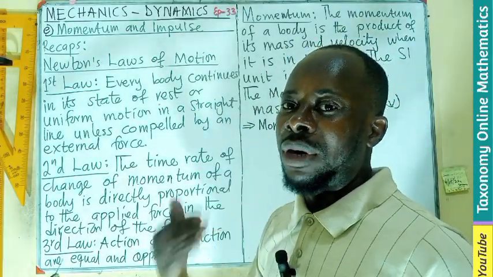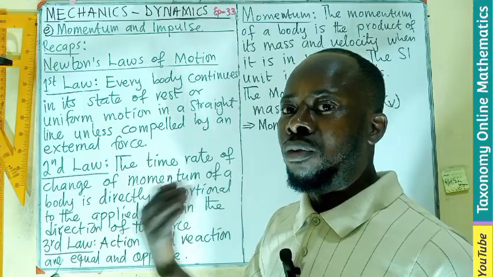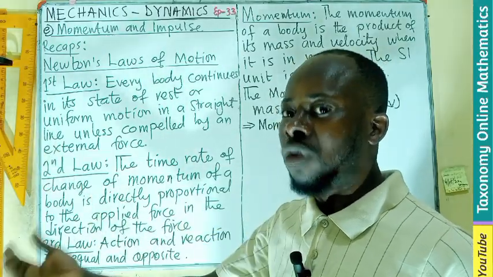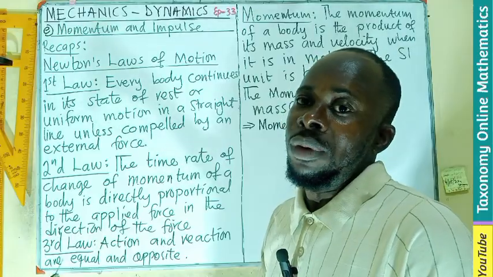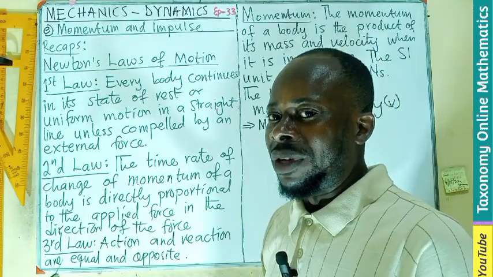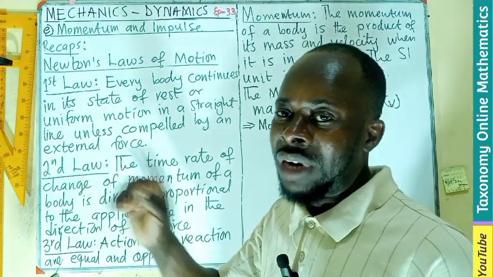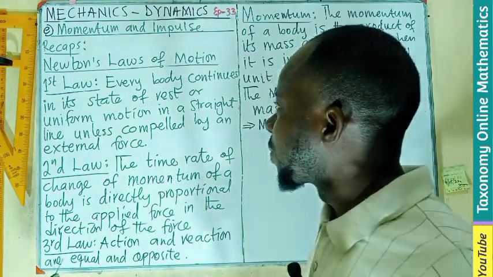So if a body is in motion, it will continue to move until an external force acts on it to stop it. Or a body will also continue to be at rest until an external force acts on it or compels it to move. That is the first law of Newton's motion.